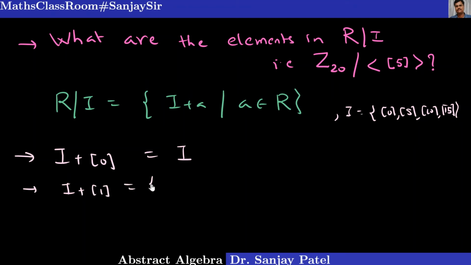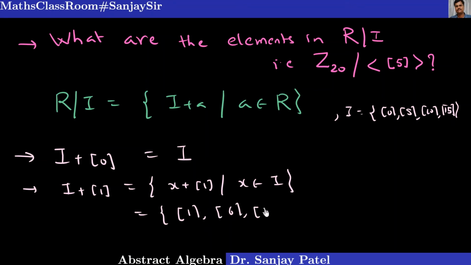What is I plus 1? I plus 1 is all elements of the form x plus 1, where x belongs to I. Now x belongs to I means you have to take x equal to class 0, class 5, class 10 and class 15. If you put class 0 here, you will get class 0 plus class 1 is 1, class 5 plus 1 is 6, then 10 plus 1 is 11, and 15 plus 1 is 16.